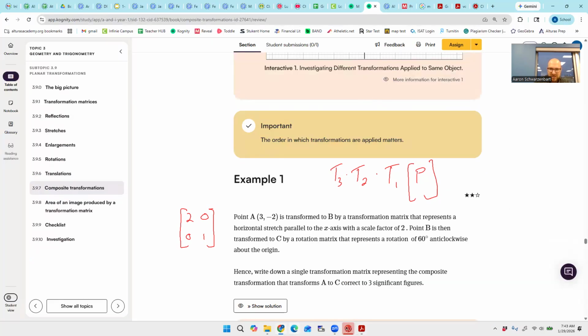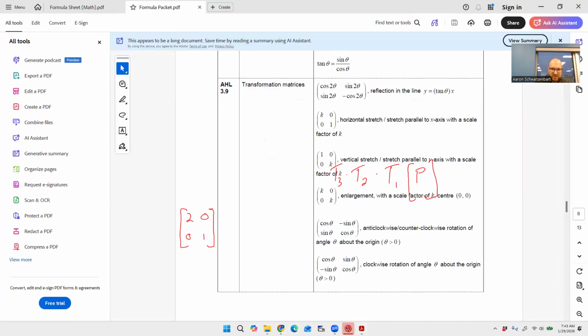My rotation of 60 degrees, again, we're going to go look at our formula packet. Rotation, 60 degrees anti-clockwise, it's positive 60.